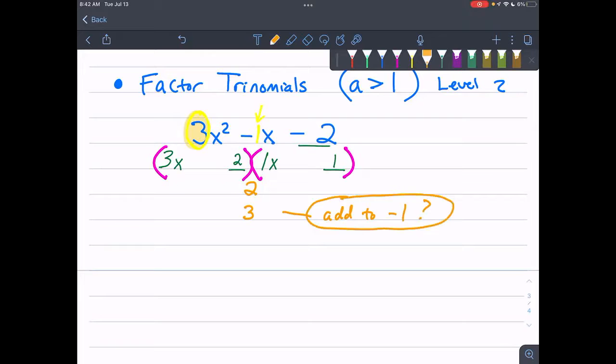So we want these to add to -1, which they could, because we skipped the signs. They weren't going to be plus and plus. So we can decide what these signs are and see if they work. So if we want them to add to -1, if you make the 3 negative, 2 and -3 adds to -1.